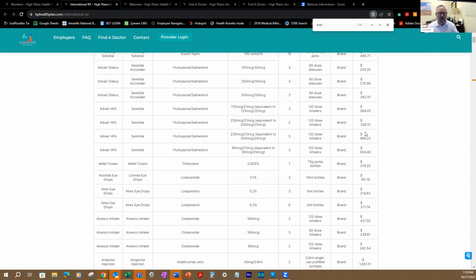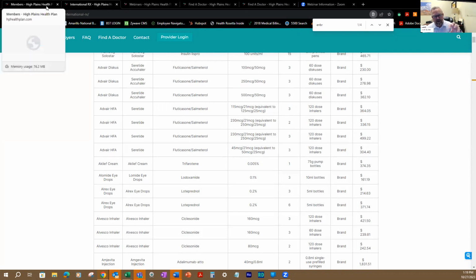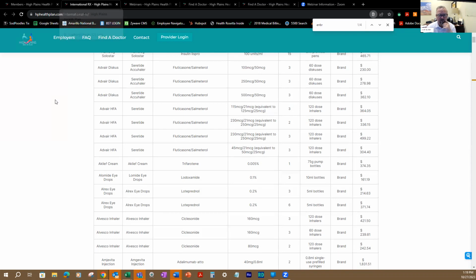And you can compare these prices to GoodRx, just like I showed you, and you're going to see how much price difference there is when we can access these types of strategies versus just blindly using the insurance and overpaying for healthcare services and prescriptions. We're really excited about this partnership and this benefit within High Plains Health Plan.